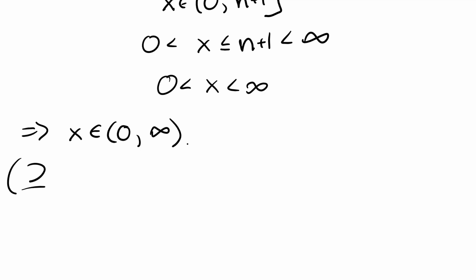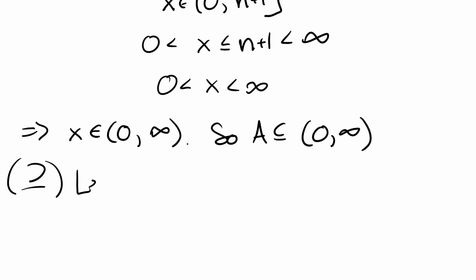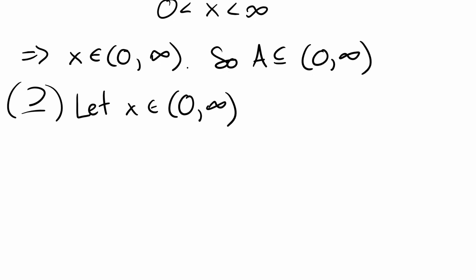We still have to do our other direction. So A is a subset of 0 to infinity. Okay, so let x be an element in 0 to infinity. Now we're going to use our trick. Actually, we could say then x is in the reals.